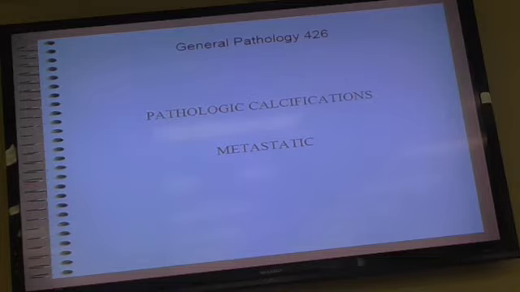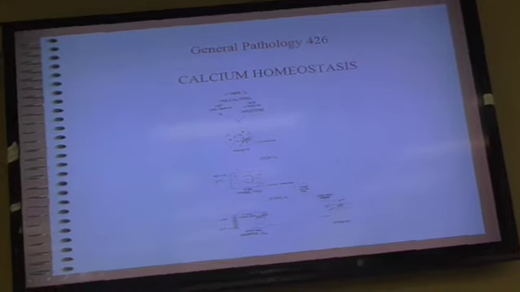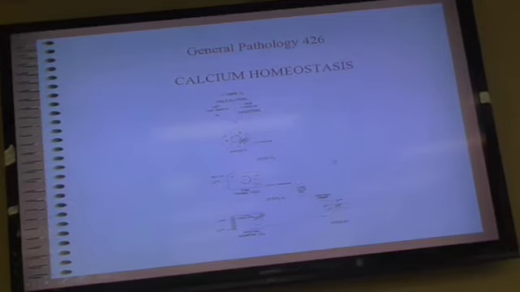Okay, metastatic calcification. This is when you have an increased blood level of calcium, and that can be due to a number of things, many of which are neoplastic, and we will talk about some of this as we go on. This is just basic vitamin D metabolism, and you should be familiar with this. Where's the most active form of vitamin D produced?